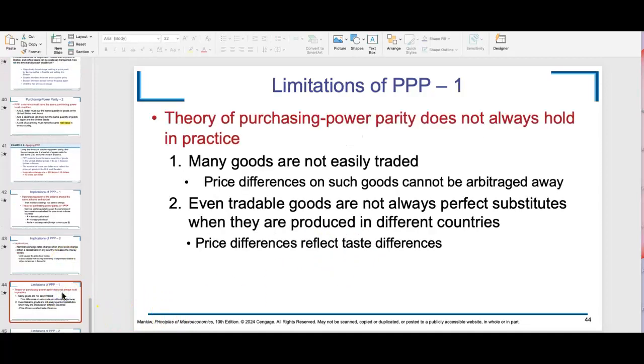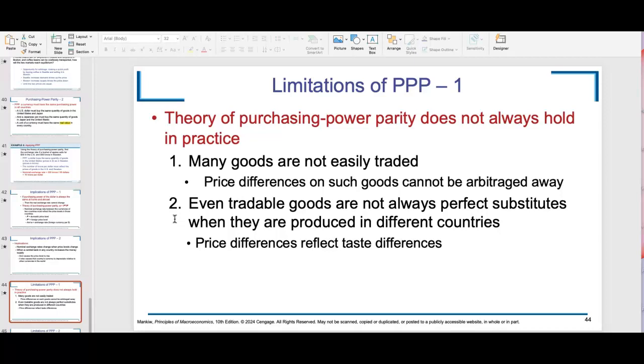What are the limitations? It doesn't always hold true. Not all goods are easily traded, right? You can't arbitrage away price differences. Why? Because in the model, we said that transportation was costless. Transportation is not costless, right? So the prices are not always going to level out between countries for a good, like Big Macs.